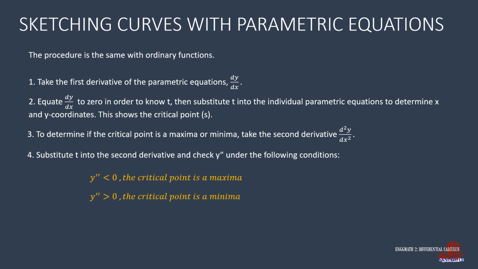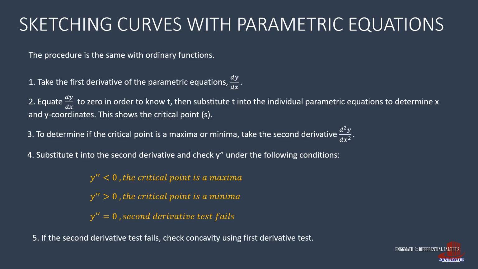If y double prime is more than 0, the critical point is a minima. And yet, if the second derivative turns to be 0, or there is no clear answer, that means that the second derivative test failed. And if this happens, we can always revert back to the first derivative test.